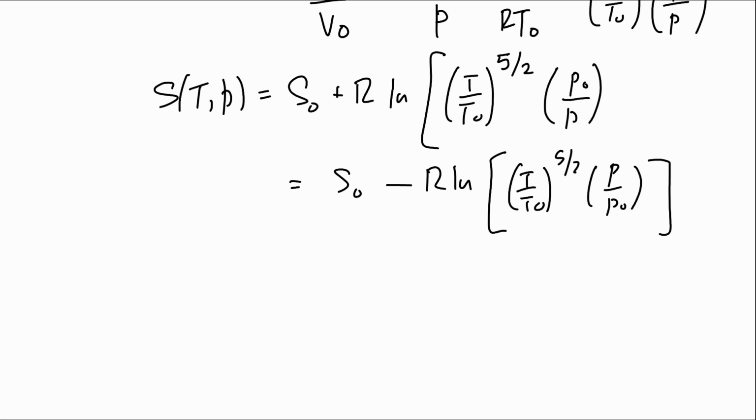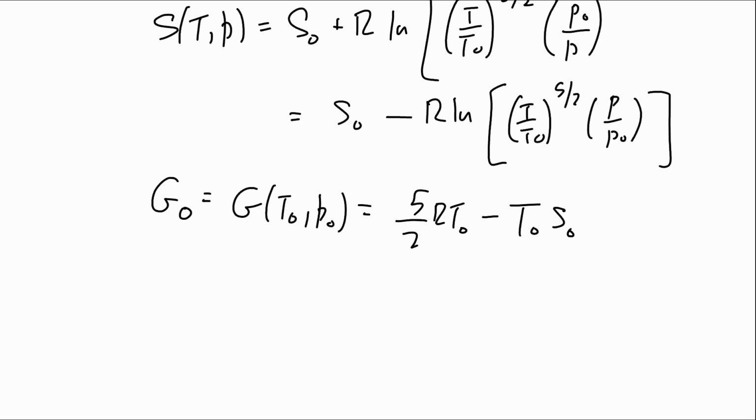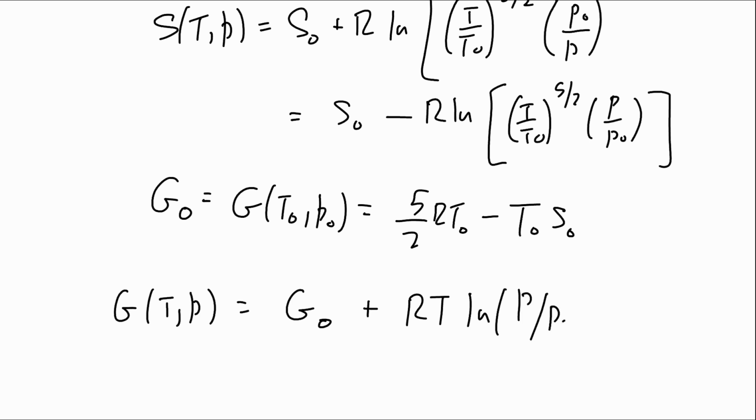And so if I define g naught as g of T naught and P naught, which is 5 halves R T naught minus T naught S naught, then if I work out g of T and P, I get g naught plus RT log P over P naught.